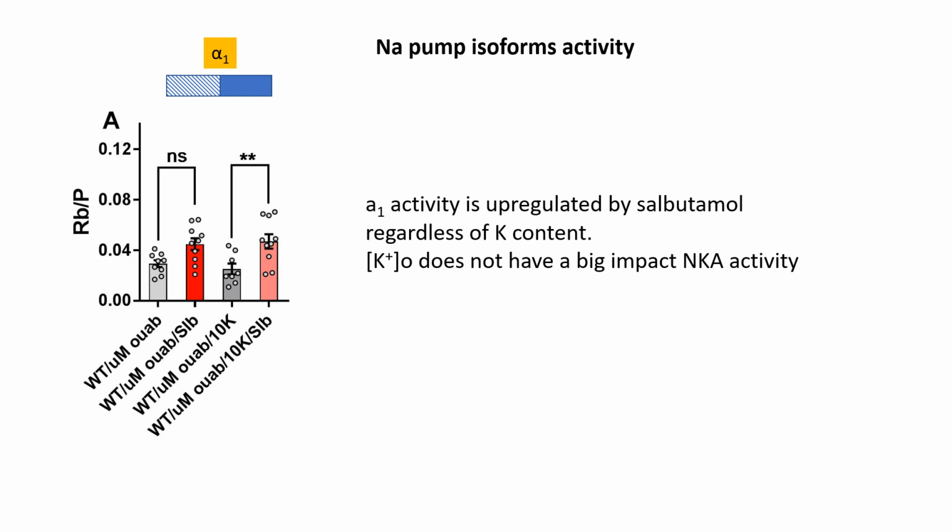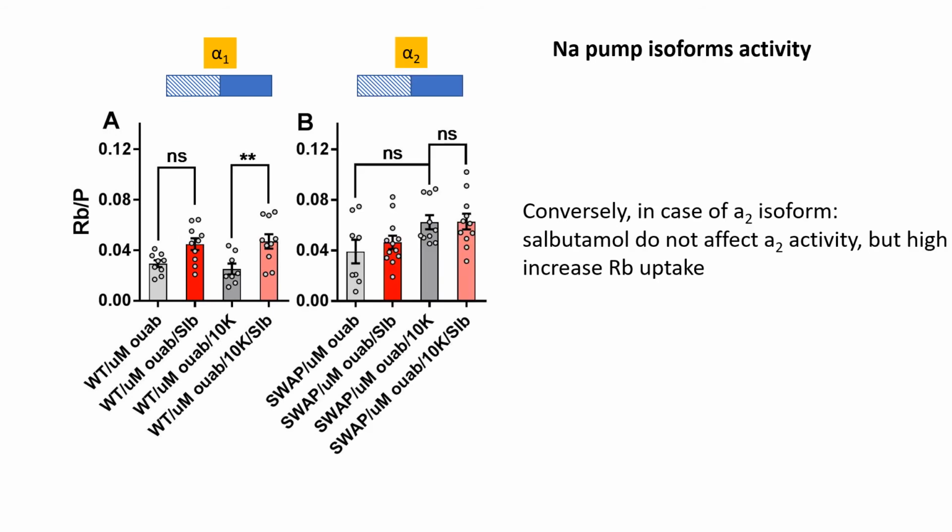separately. So here we have alpha 1, and alpha 1 activity is upregulated by salbutamol regardless of potassium content. And extracellular potassium concentration does not have a big impact in pump activity when we have alpha 1.